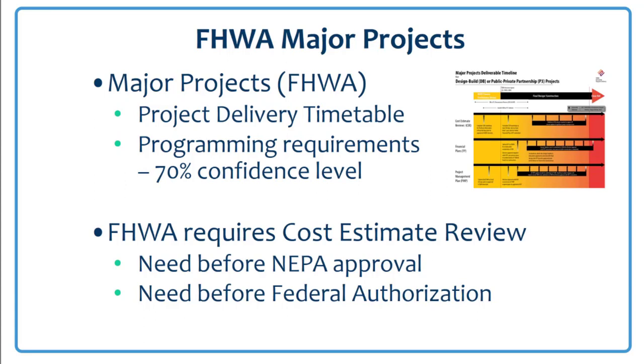But FHWA also requires that programming for the major projects are at the 70% confidence level. FHWA requires that the 2 cost estimate reviews are done, one just prior to NEPA, and one before the project is authorized.